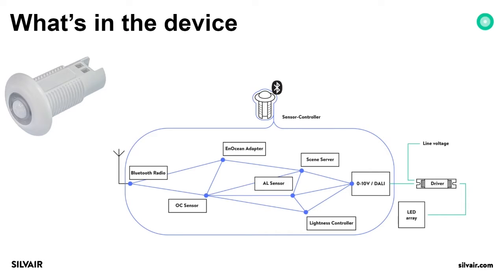In a very small form factor device, you can have Bluetooth radio, an ocean adapter, occupancy sensing, ALS sensing for light, scene server, lightness controller, and 0 to 10 or DALI output.